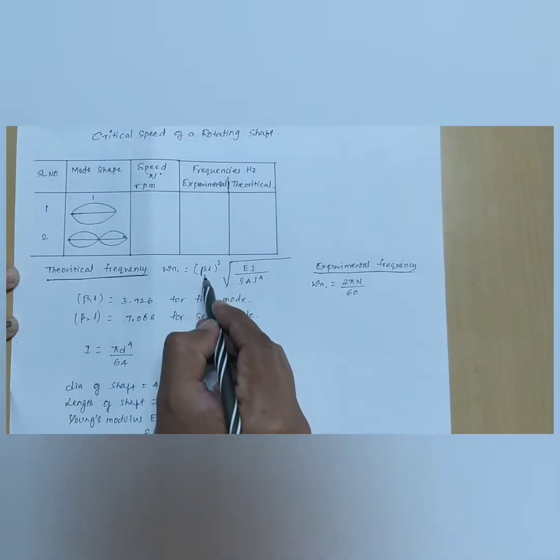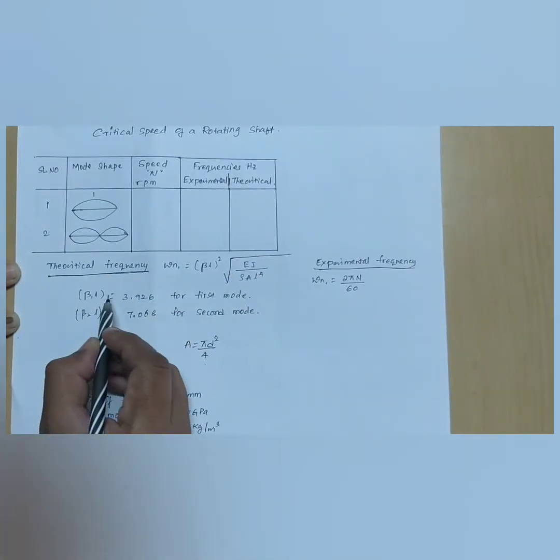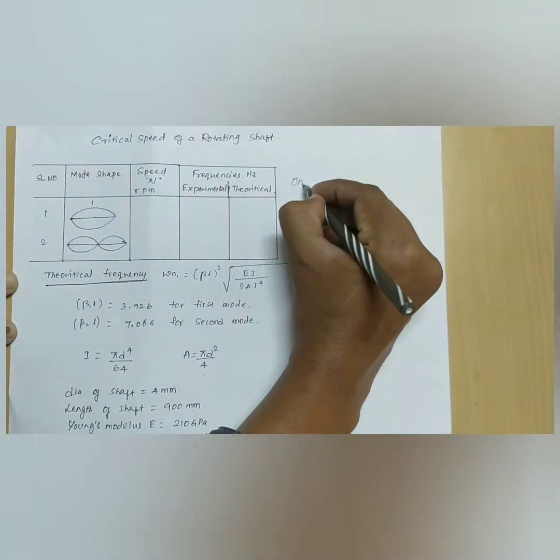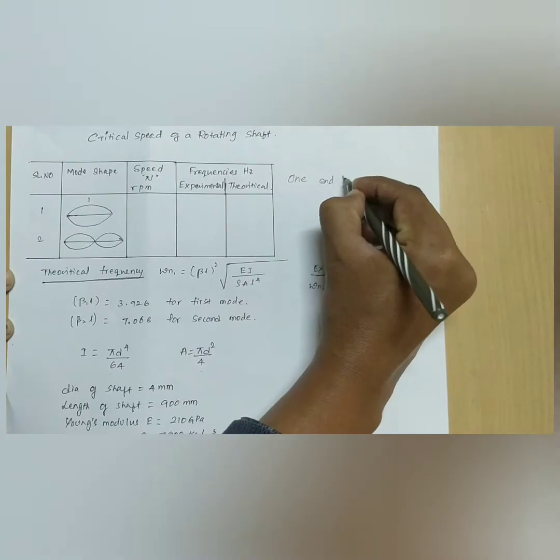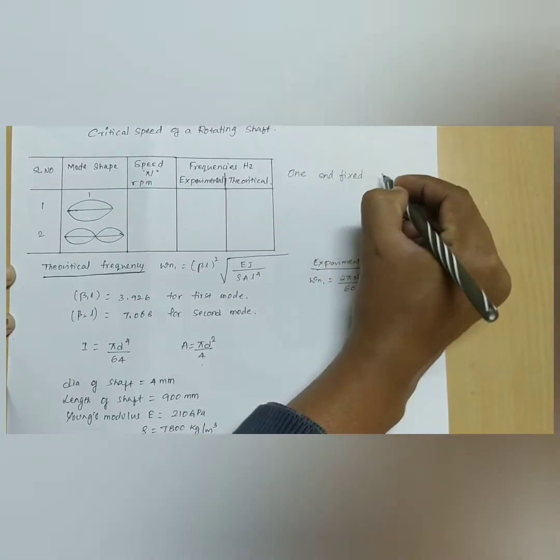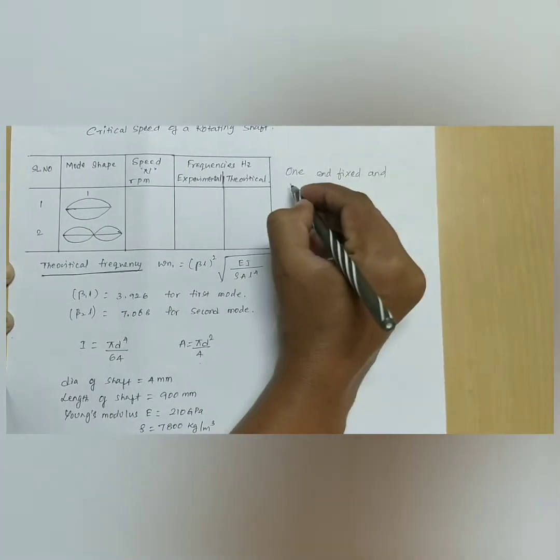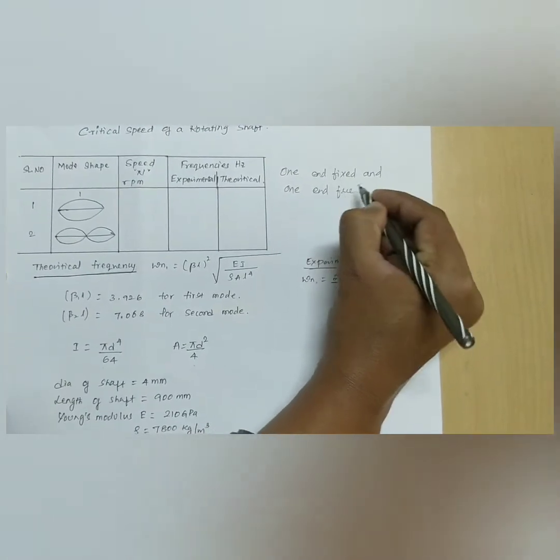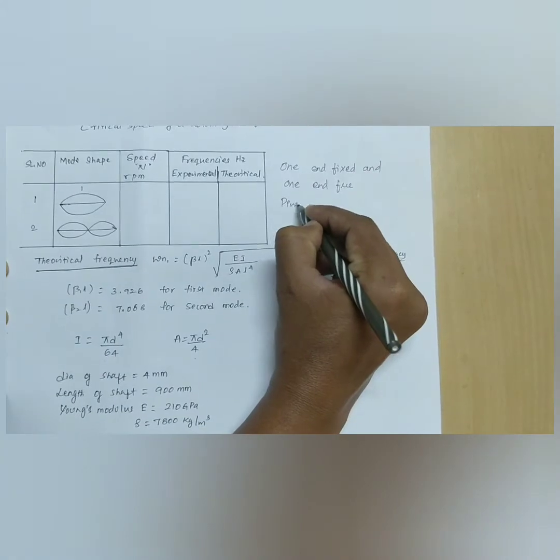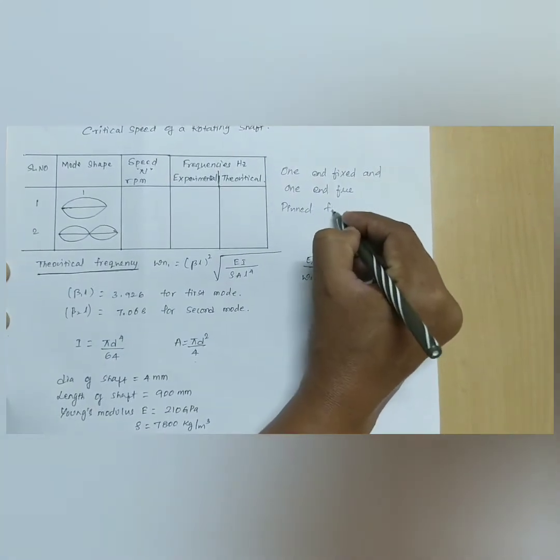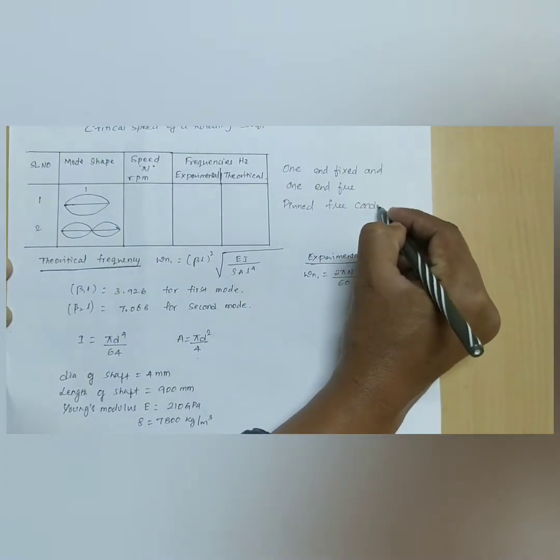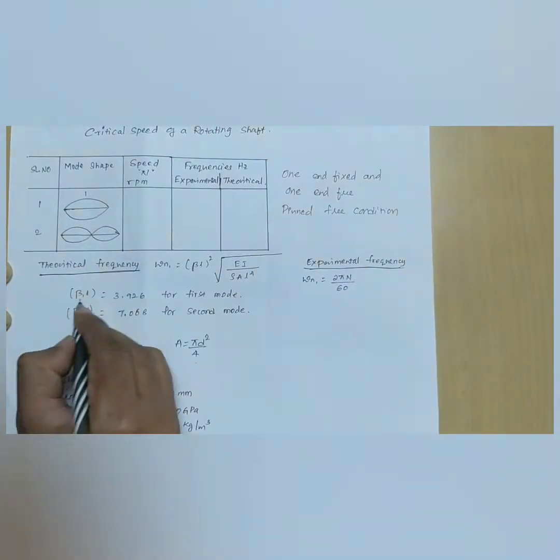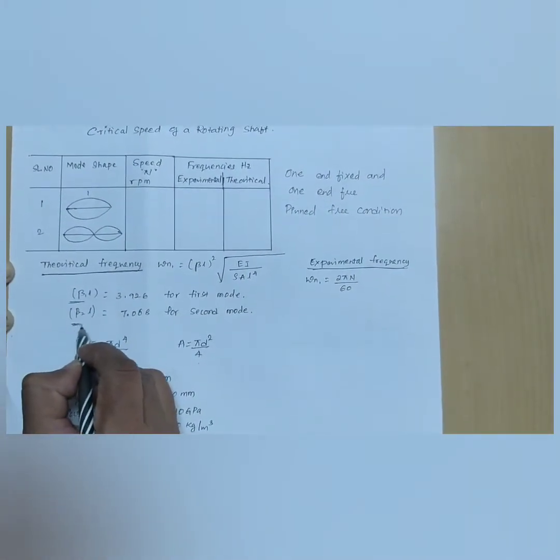For these values of beta L, the condition we are going to consider is one end fixed and one end free, or you can even call it the pinned-free condition. These are the standard values for one end fixed, one end free.